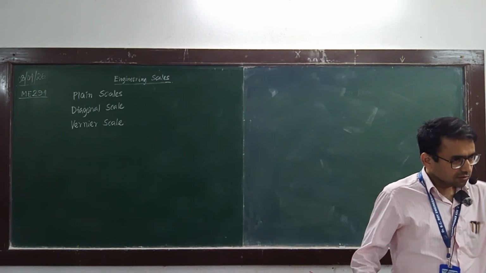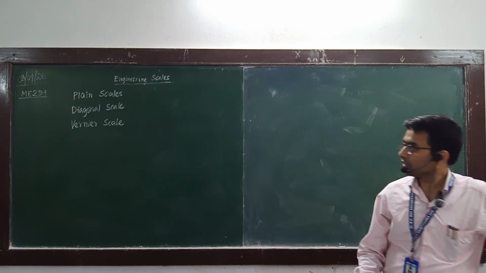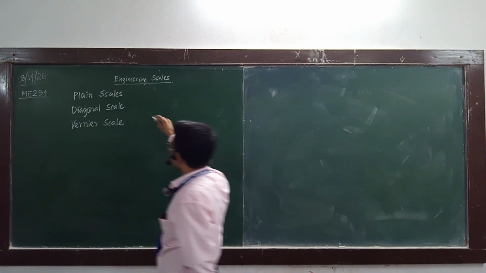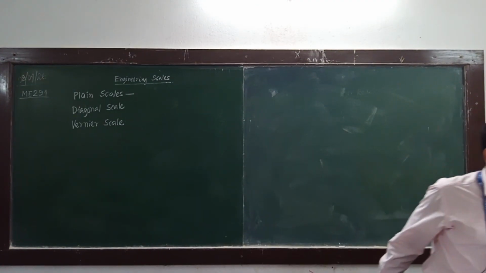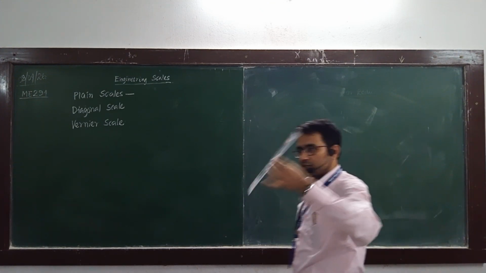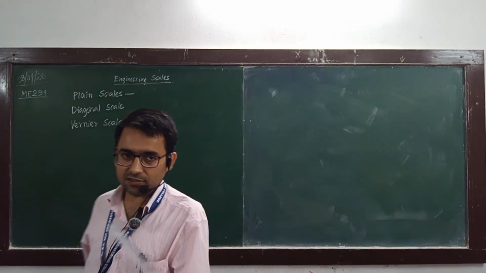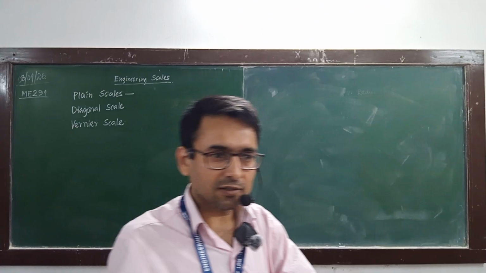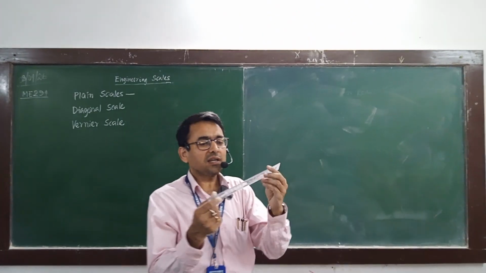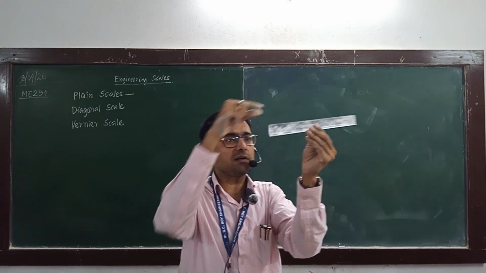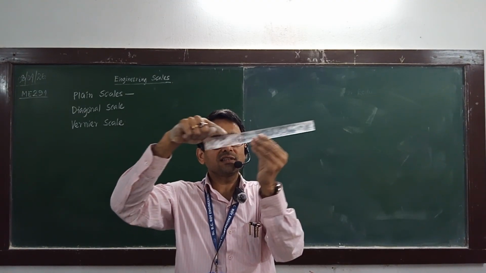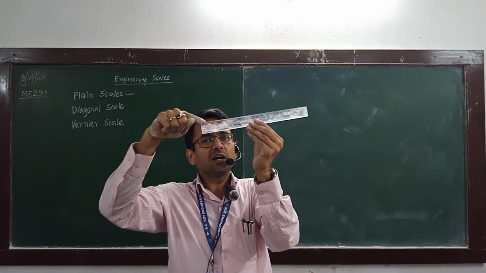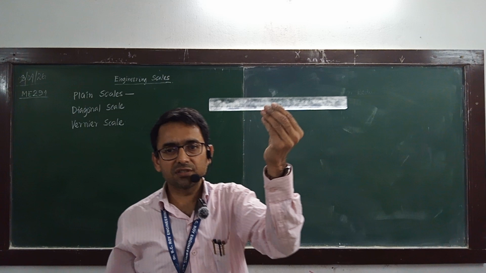So let me complete, then we will have. So plain scale means basically, whatever instrument you come across during your class, please look at it. Here you will see for a particular scale, on this side you have two units, right?